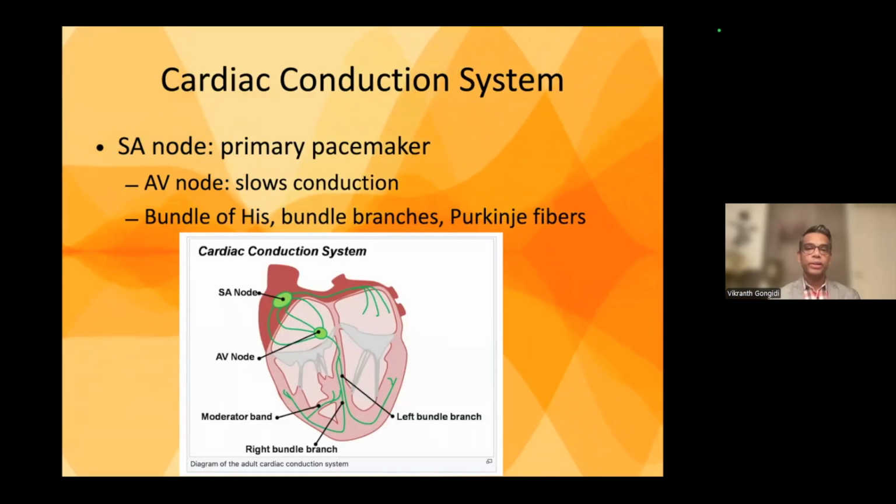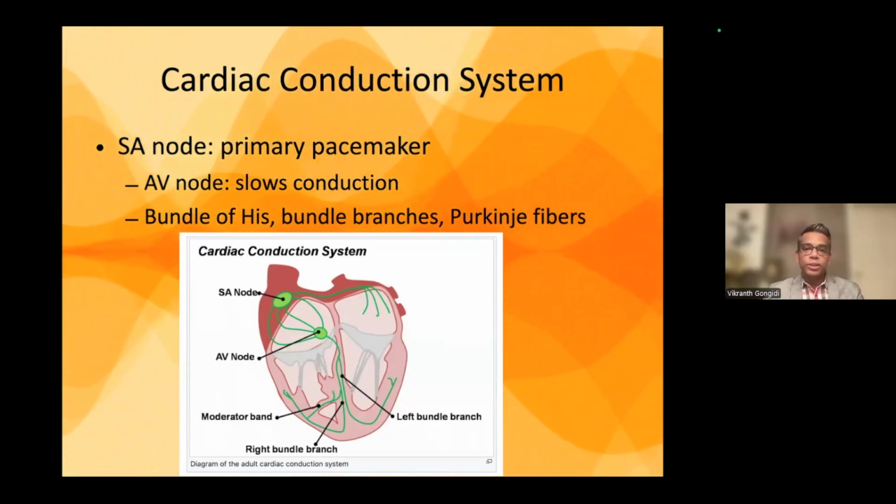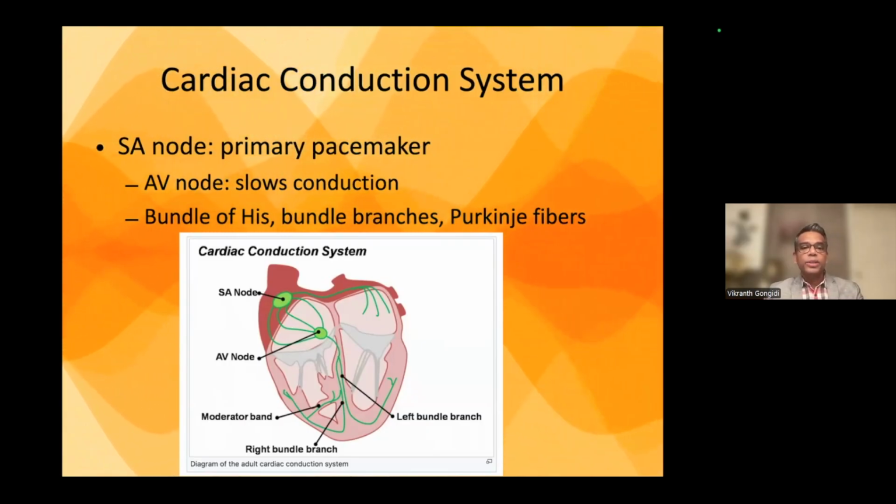And from there are certain branches or wires that go down to what I call a central substation, or in this case, the AV node. And from the central substation, there are three electrical wires that distribute out. That's the left bundle, the right bundle, and from the left, there's a second one, the left anterior fascicular block. That's the conduction I want you guys to understand and be able to explain to patients.